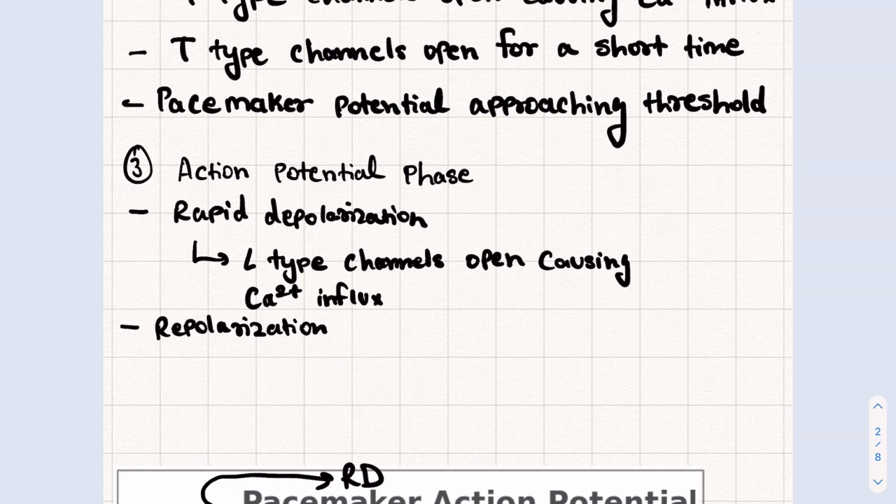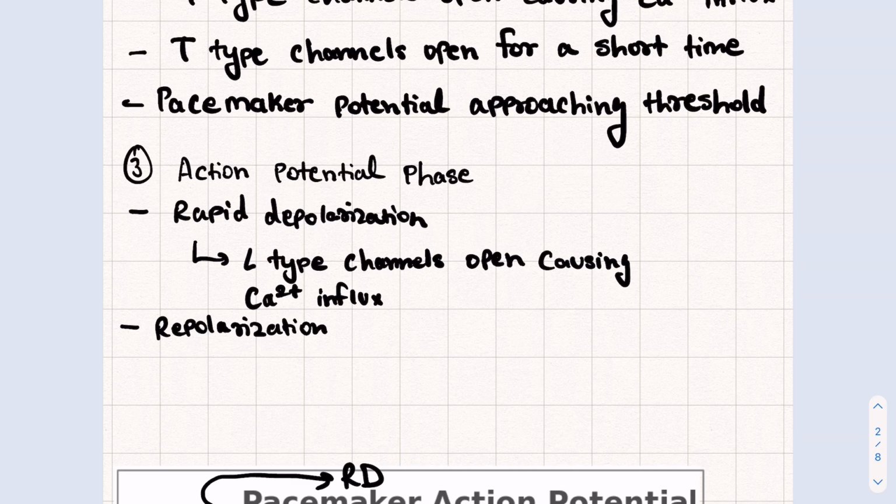Now the last event is repolarization. So during repolarization, the L-type channels, which are open during rapid depolarization, are closed, so no more calcium 2 plus influx, and K plus rectifier channels open. And as we all know, during repolarization, K plus moves out of the cell. So K plus in this case moves out of the SA node.